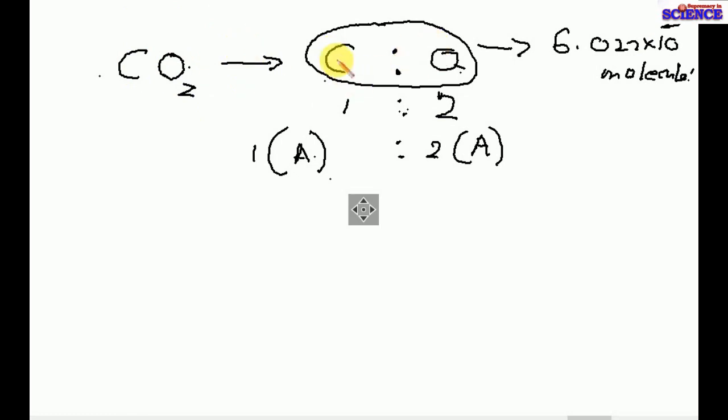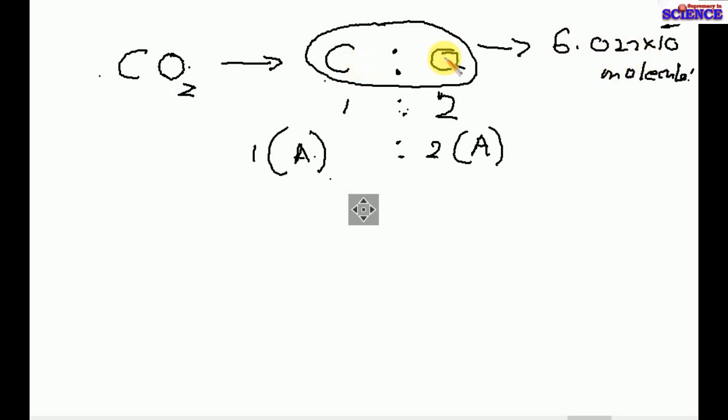First, if you want to find the number of carbon atoms or oxygen atoms present, we go to the exact ratio between them. You have 1 carbon to 2 oxygen here. If the total number of molecules is this much, now simple mathematics. That means if the ratio is there, the ratio is also related to this number.